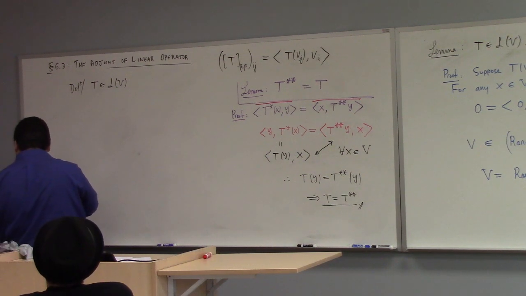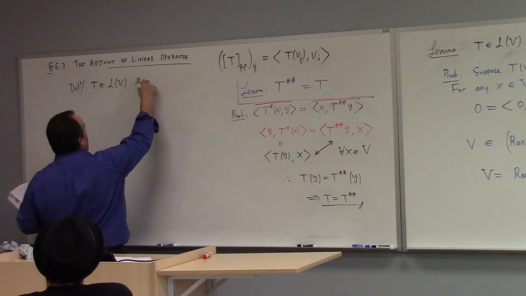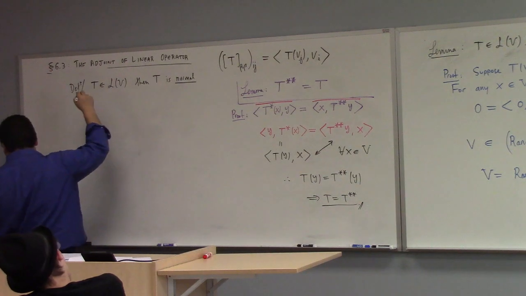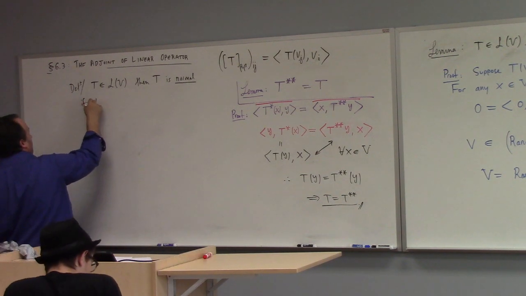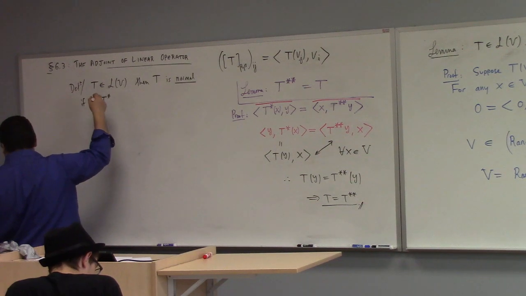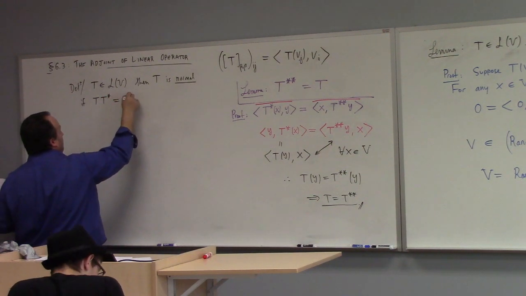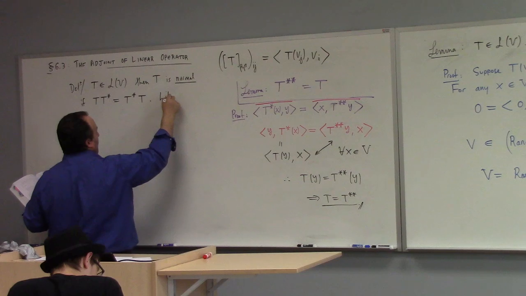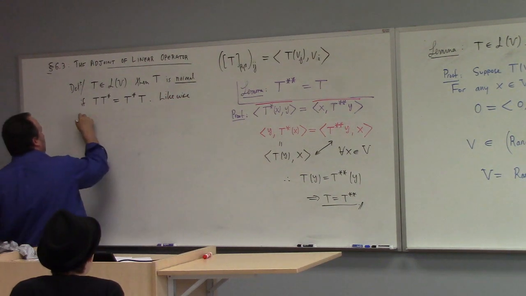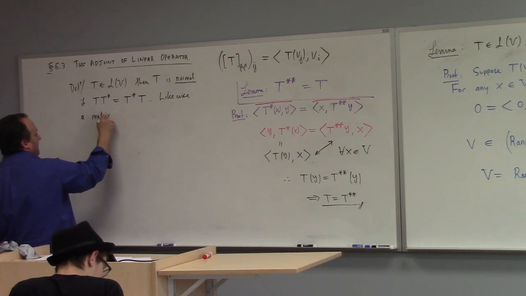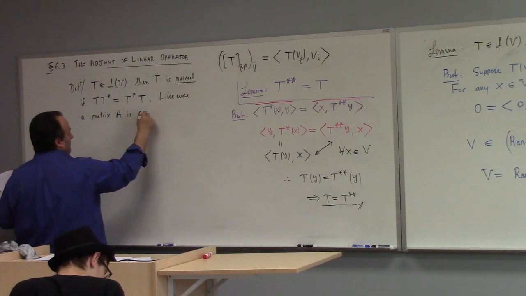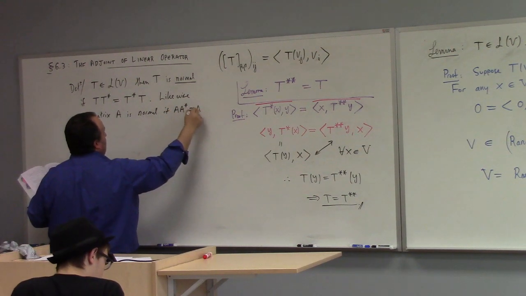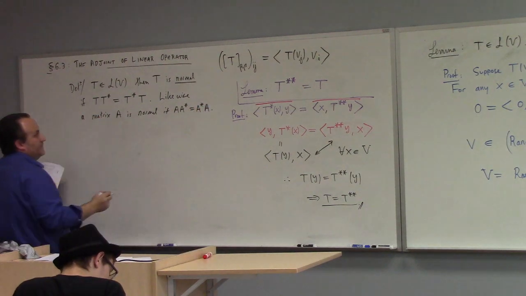Then T is normal if T T star is equal to T star T. Likewise, a matrix A is normal if A A star is equal to A star A.